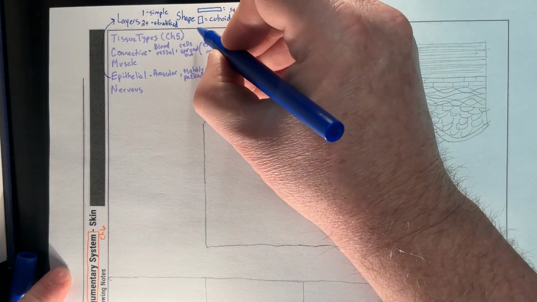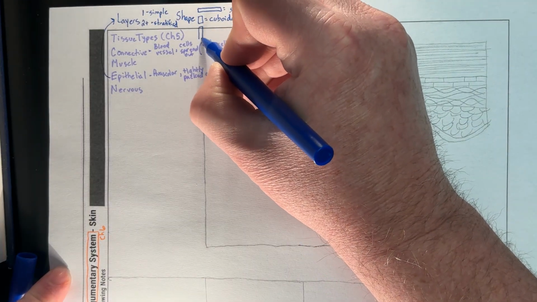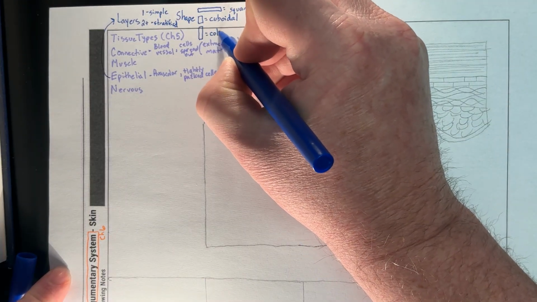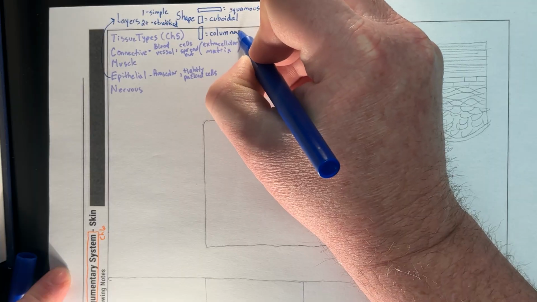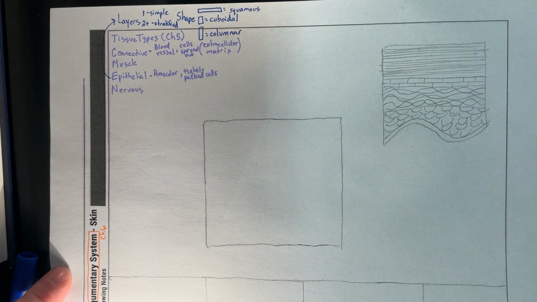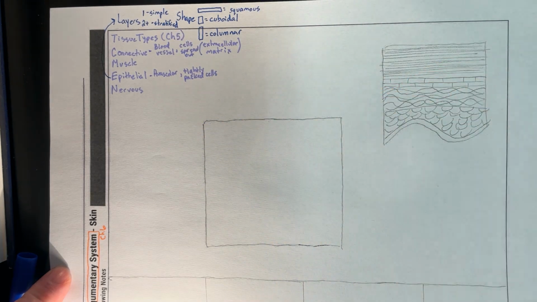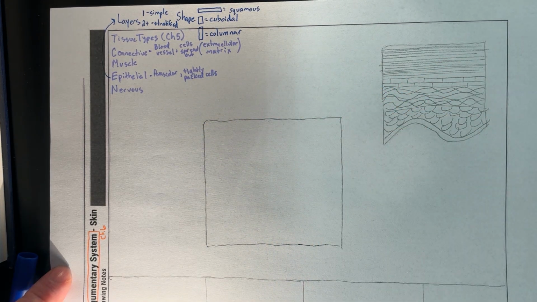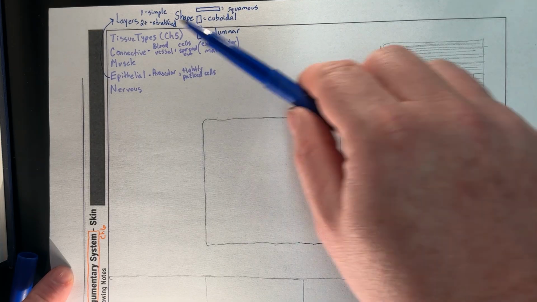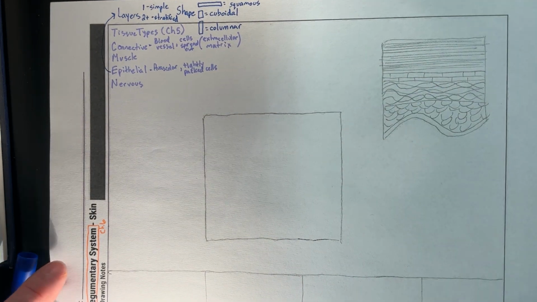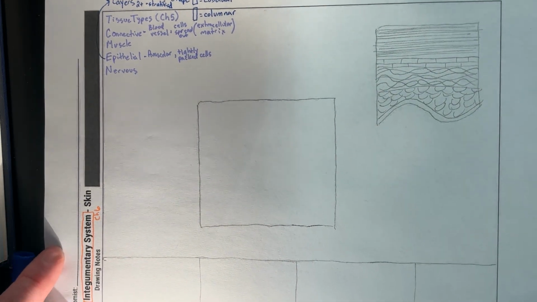And then we have cells that are tall, like columns, and those are called columnar epithelial tissue. So depending on the layers and the shape, you could have simple squamous epithelium, stratified squamous epithelium, simple columnar epithelium, and so on. All right, so that's some good chapter 5 stuff all in one place. And now let's dig into the skin.